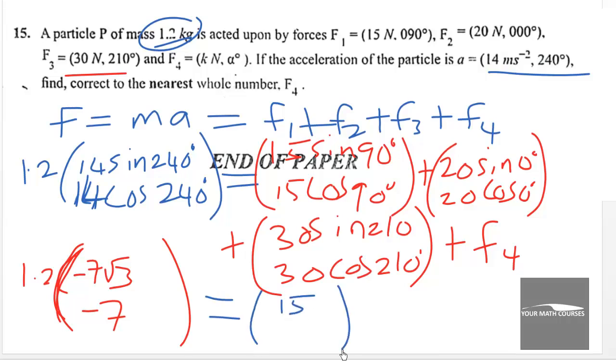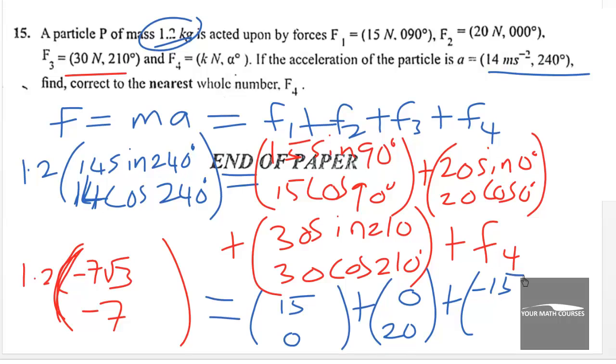Then 15 cos 90 is 0. 20 sine 0 is 0. Then 20 cos 0 is 20. 30 sine 210 is negative 15. Then 30 cos 210 is negative 15 root 3. Plus F4.